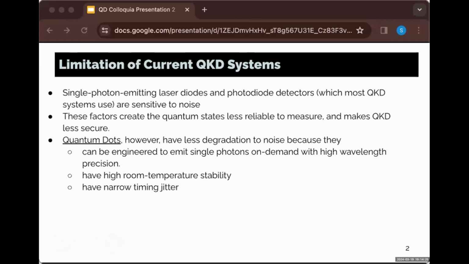Why? Quantum dots can be engineered to emit single photons with high wavelength precision. Additionally, quantum dots can operate just fine in room temperature conditions, eliminating any worries for temperature-related noise. Finally, quantum dots can be controlled to have very narrow timing jitters, meaning we can accurately control when a quantum dot emits photons.